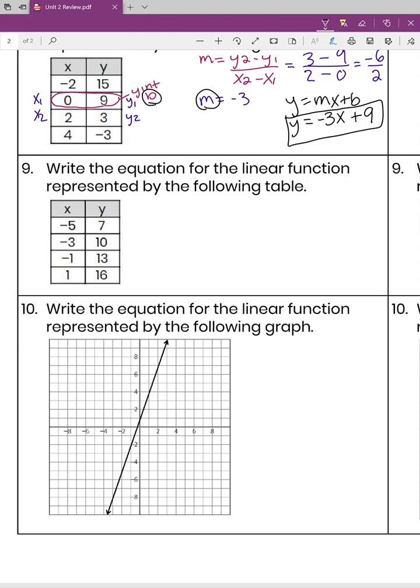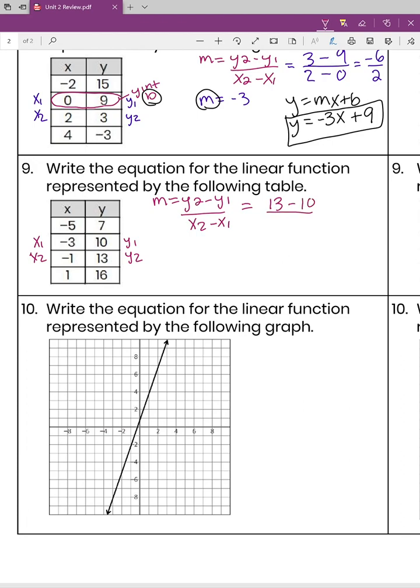So what we need to do first is use the slope formula and find the slope. Okay, so we have m is equal to y2 minus y1, and then x2 minus x1. I'm going to go ahead and pick these ones. Let's see, x1, x2, y1, y2. So we have y2 to be 13 minus y1, which is 10.